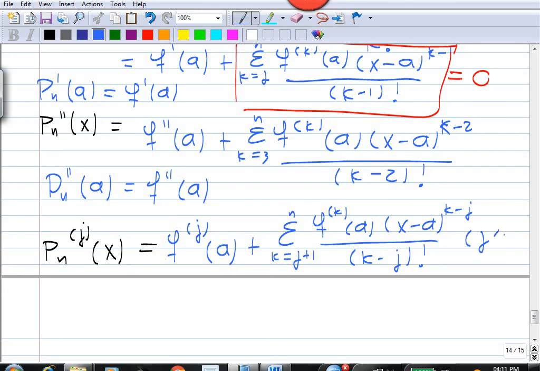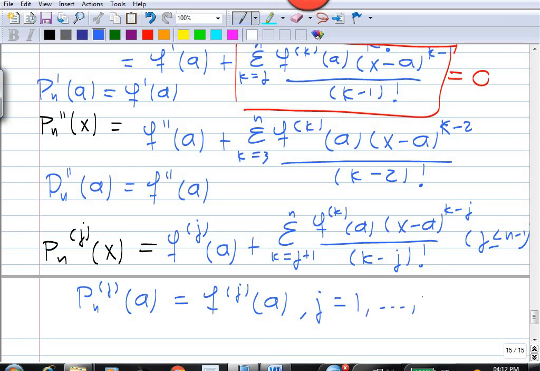This is of course for j less than or equal to n minus 1. And then from this we see the Taylor polynomial has the same jth derivative at a as f, and this is for j from 1 up to n minus 1. And in fact, you can show that the nth derivative is also equal to the nth derivative of f.